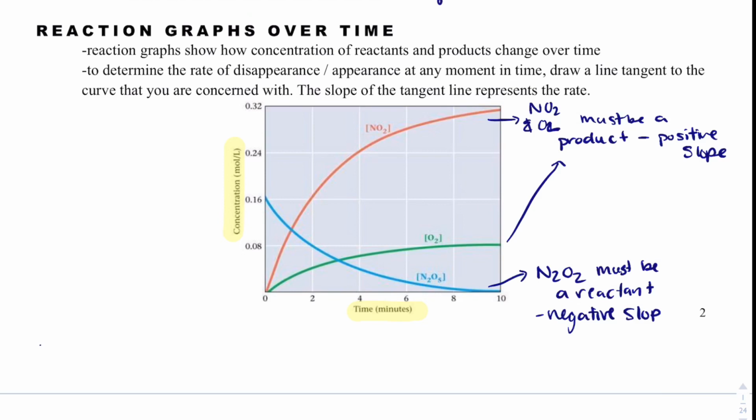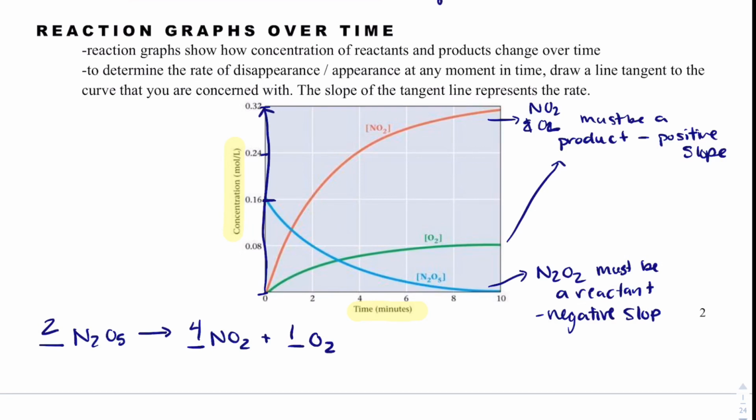So what I can do is I can write a reaction that N2O5 must be breaking apart or decomposing into NO2 plus O2, and I could make a T-chart and I could balance this, or I could be a little bit clever and I could look at my graph and say, okay, my N2O5 decreased by what looks to be 2, where my O2 increased by what looks to be 1, and my NO2 increased by what looks to be 4.